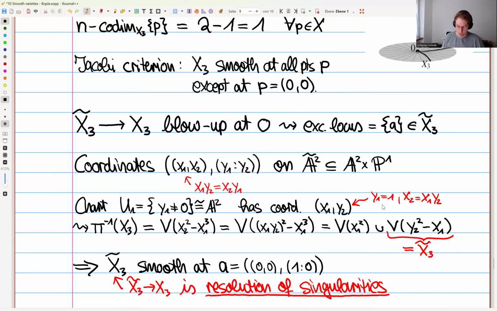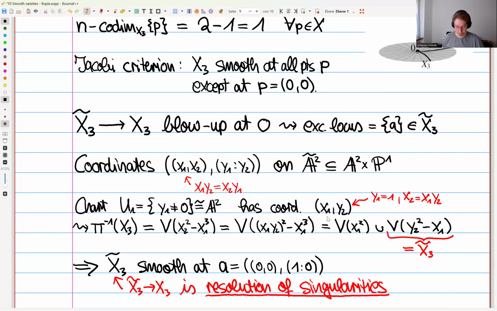So y1 is equal to 1, and then this equation tells you that x2 is equal to x1 times y2. So on this chart A2, we can express all of these coordinates uniquely in terms of these two coordinates.